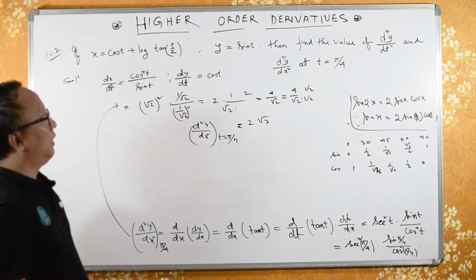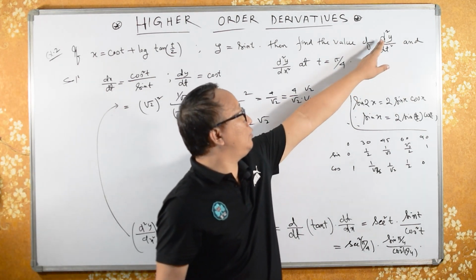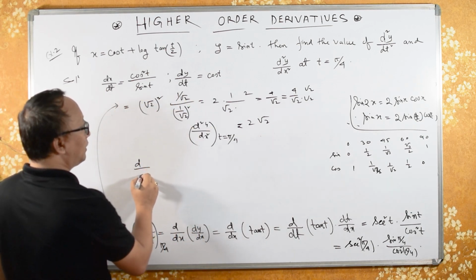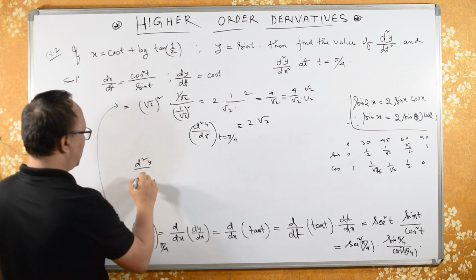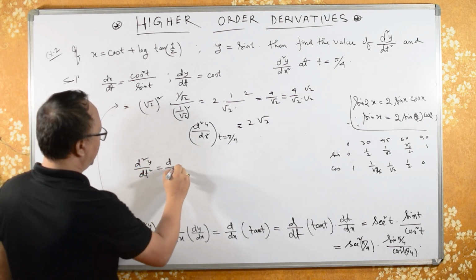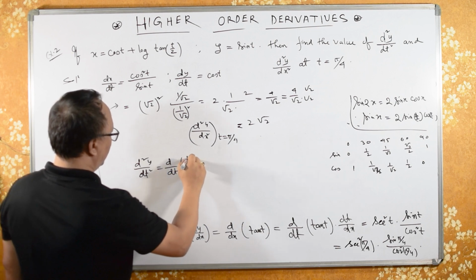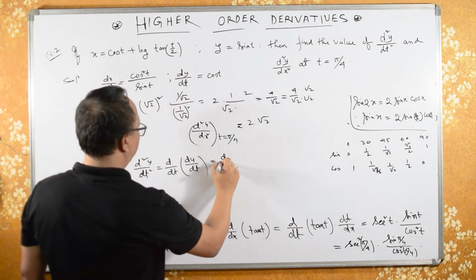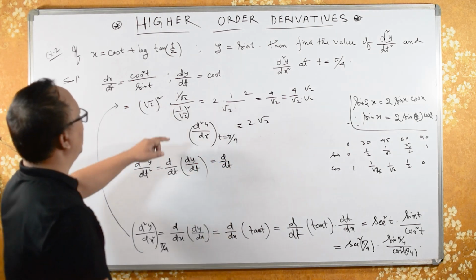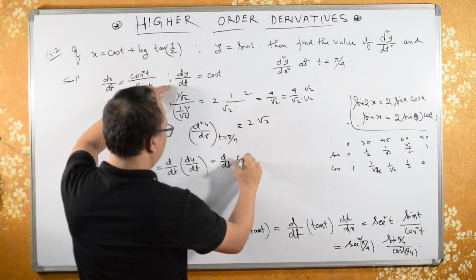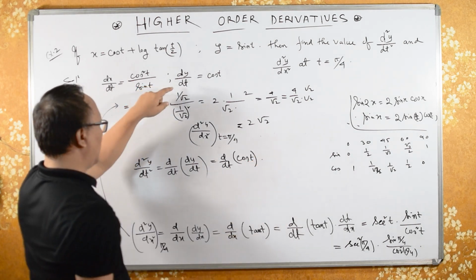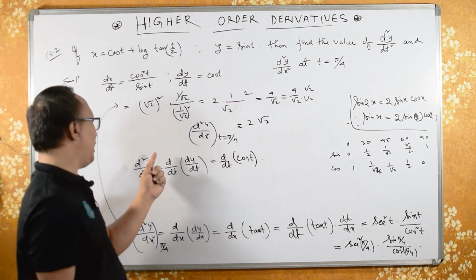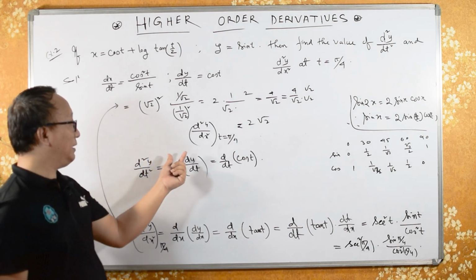Now let's find d2y by dt square. D2y by dt square is the same as d by dt of dy by dt.